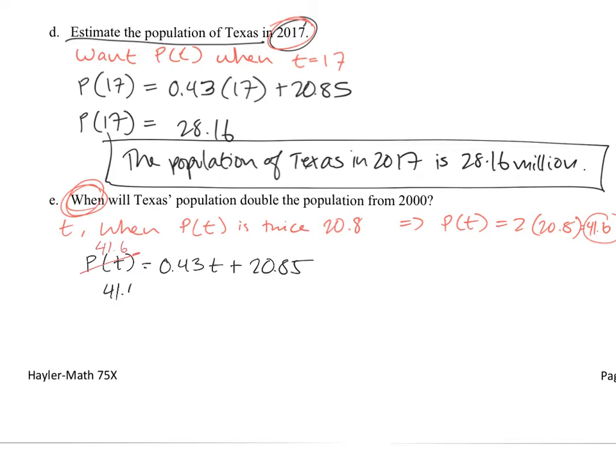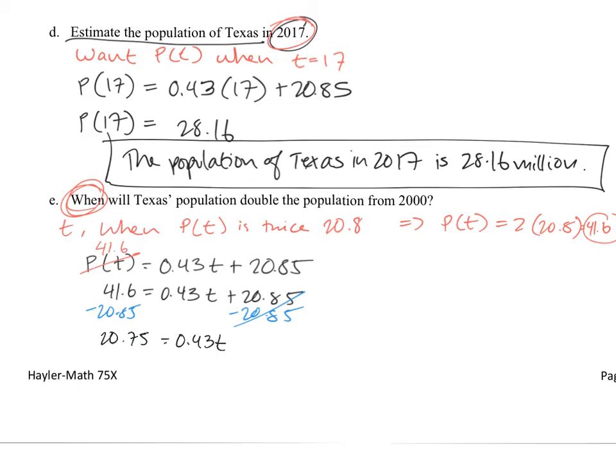So then I have 41.6 equals 0.43t plus 20.85. Go ahead and subtract to solve for t. And we get 20.75 equals 0.43t.